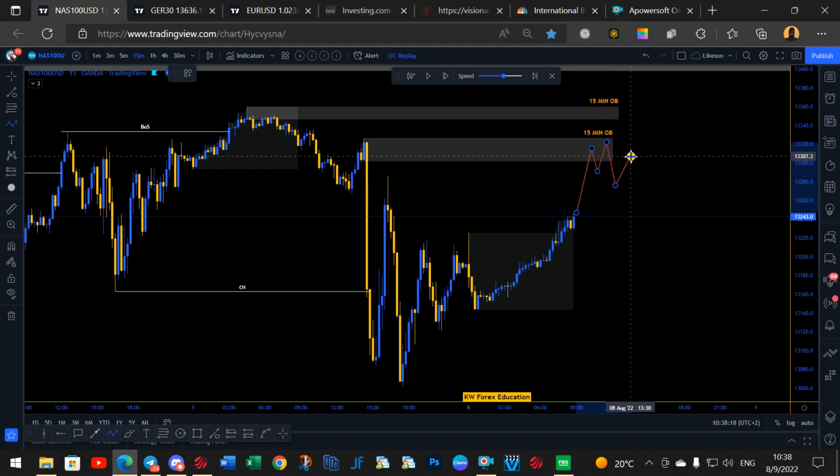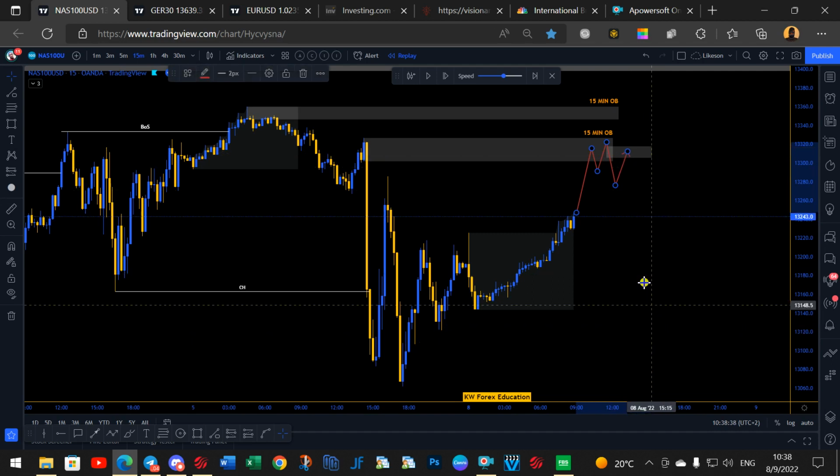After I get a change of character, I draw my order block on 1 minute, and that's when I'm going to sell, when my 1 minute mitigates the order block on 1 minute like that. Then I can sell here and then ride it all the way down.